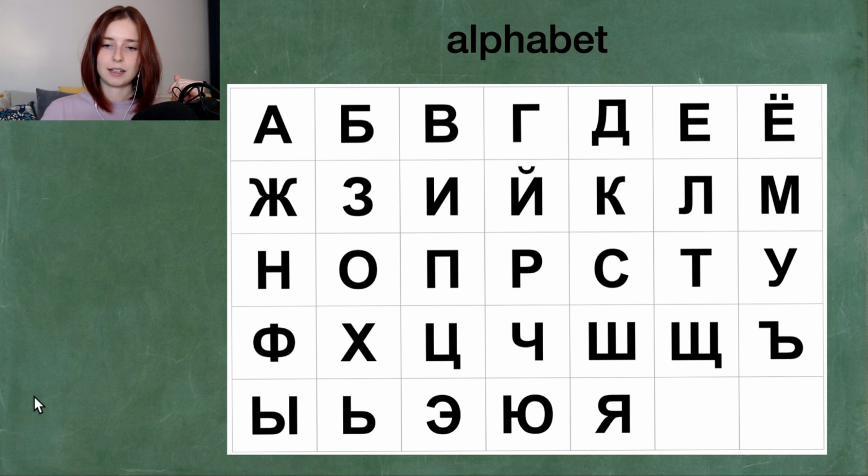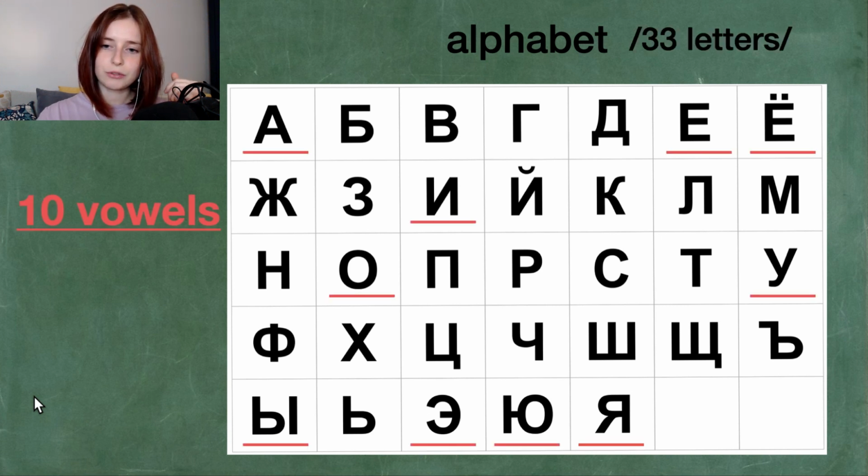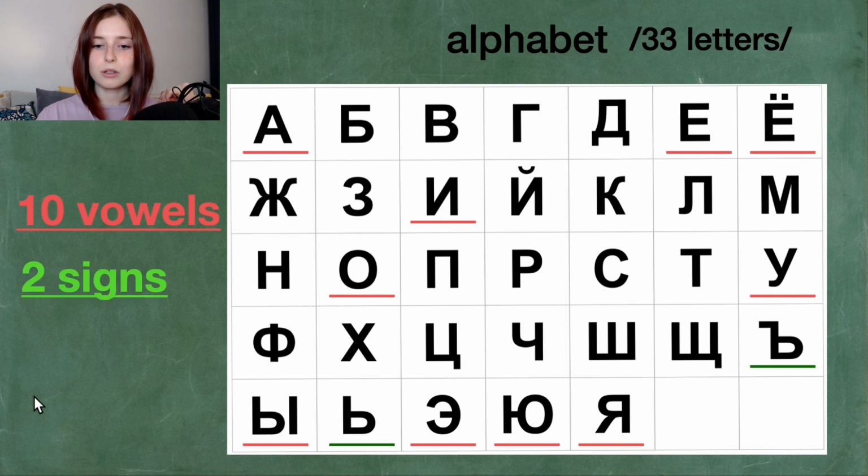Like I said, the Russian alphabet consists of 33 letters, 10 of which are vowels, as we call them, a, ye, yo, and so on. And also we have two signs.